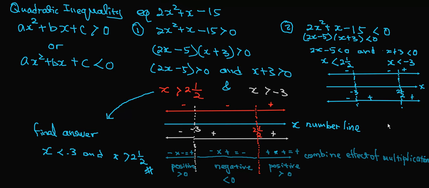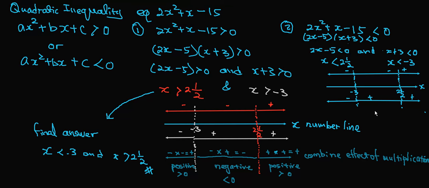Now, negative times negative gives you a positive value because this is a product, this times this, and positive times positive becomes positive. But what we want is less than 0.